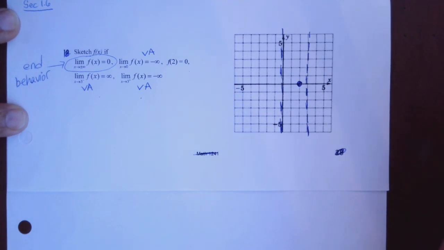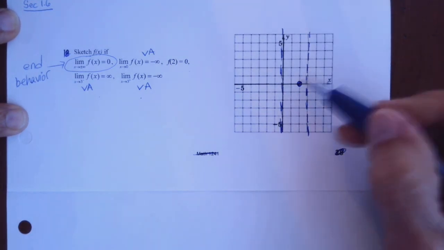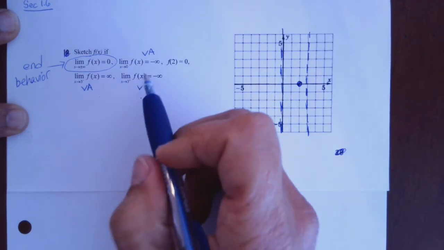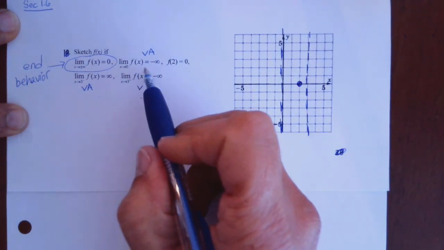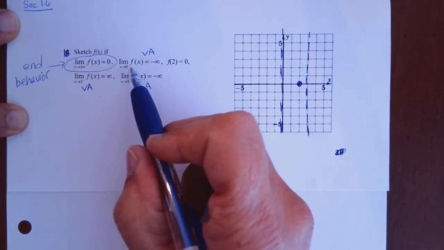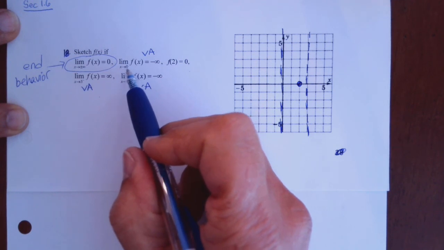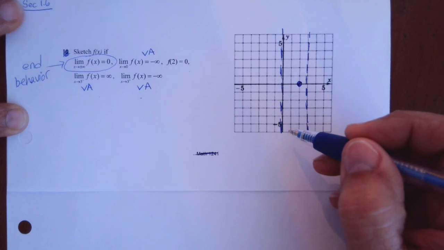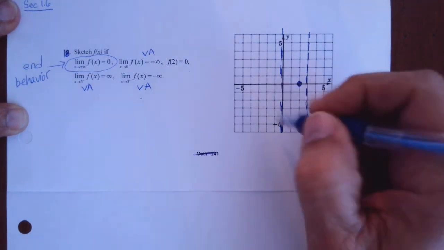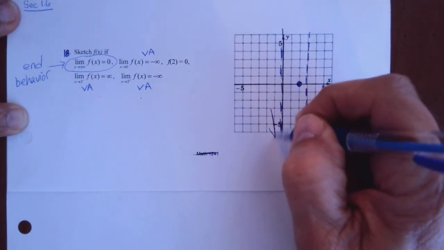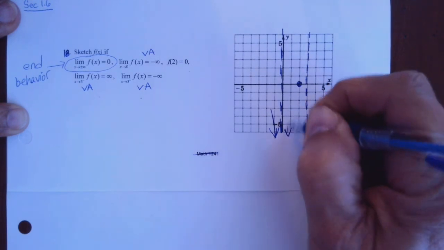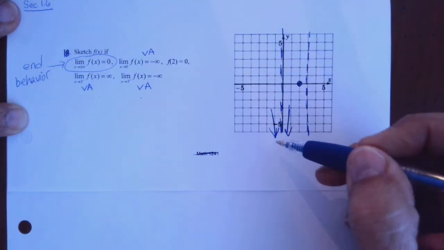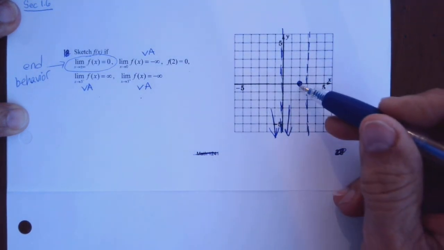All right. Well, let's see what's happening at these vertical asymptotes. What's happening at 0? On both sides, because there's no plus or minus there. So on both sides of 0, from the left and the right, we're going to negative infinity. So on both sides of this asymptote, we're going to negative infinity. We're heading this way, we're heading this way, okay? All right, we gotta go through that point.